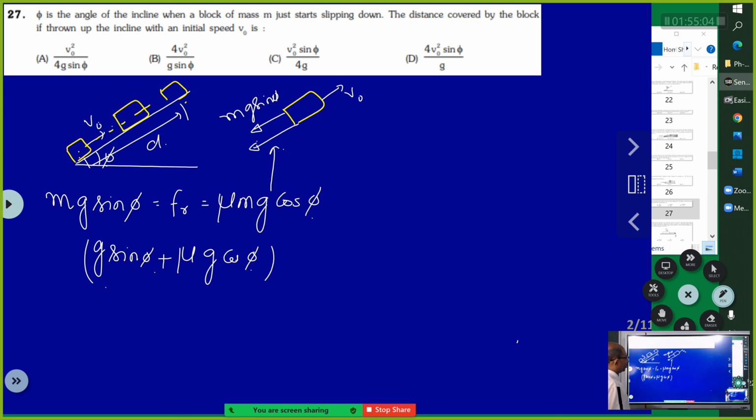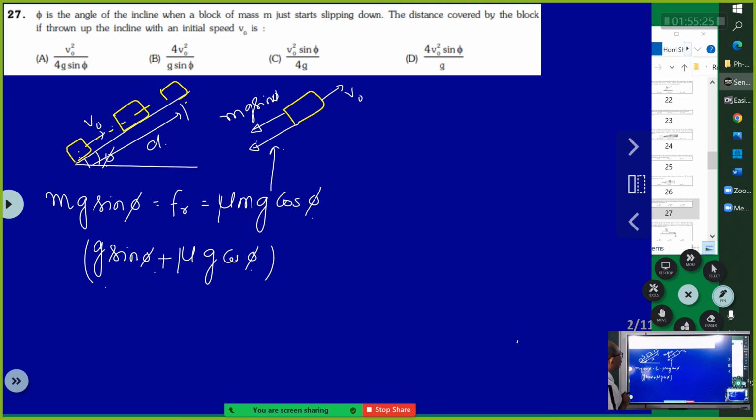Should we consider it as a projectile, as we did for block on inclined plane? Why do you want to always think like that? They said thrown up, they did not say pushed.